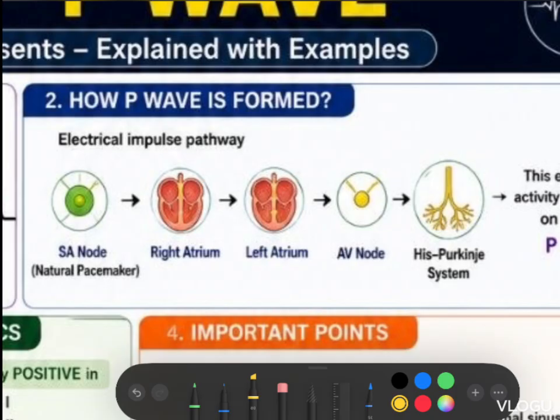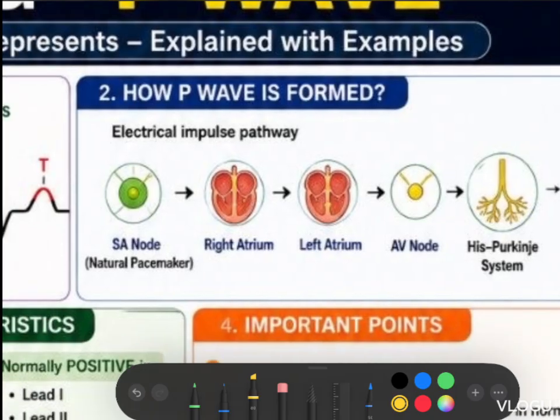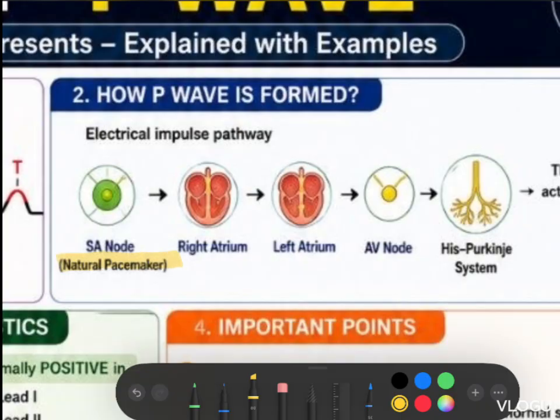The electrical impulse starts at the SA node, the sinoatrial node, which is the main natural pacemaker of the heart, and it generates impulses at 60 to 100 beats per minute. The impulse then spreads across both atria. The spread of electricity through the atria creates the P wave.